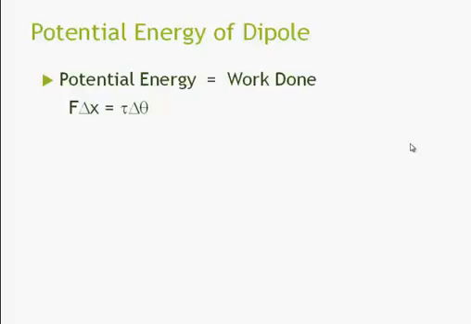In linear forces, the work done is given as F dot x, that is, force into displacement. But over here, since a torque is being applied, we take torque into d theta. And since torque is not constant, we have to take the integration, similar to when force is not constant, we take the integral of F dx rather than F delta x. Here we'll take the integral of torque d theta.